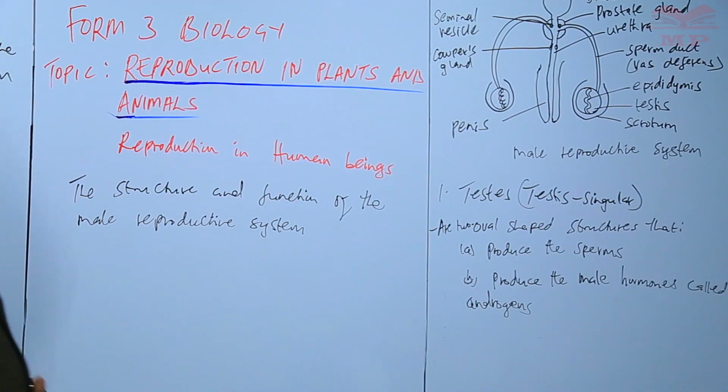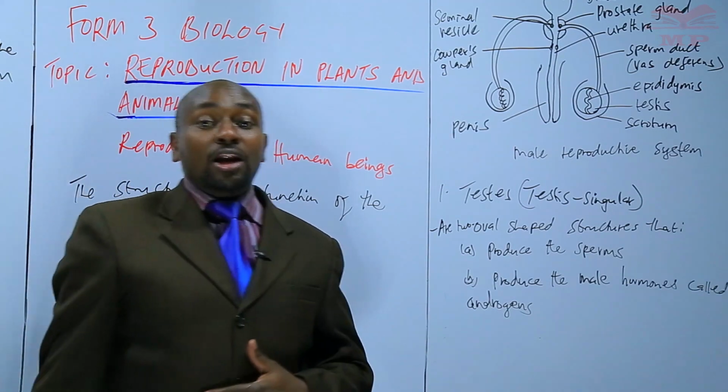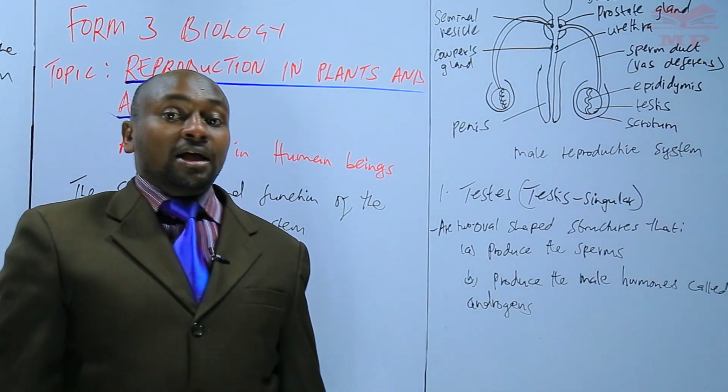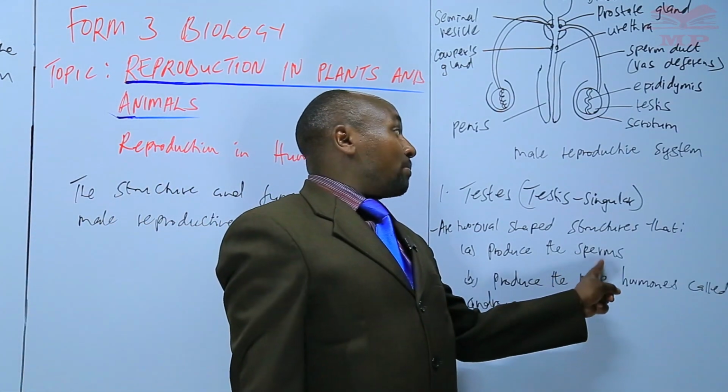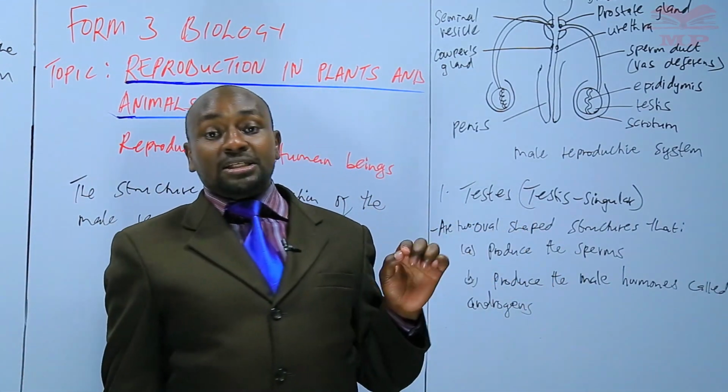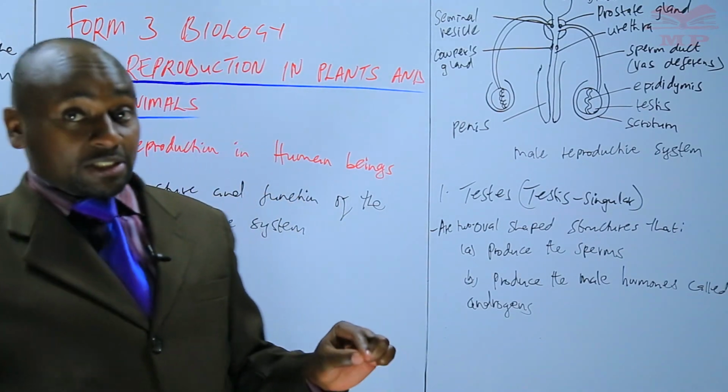And the reason why the testes are located outside the body cavity is because the process of sperm production occurs at a temperature below the body temperature.